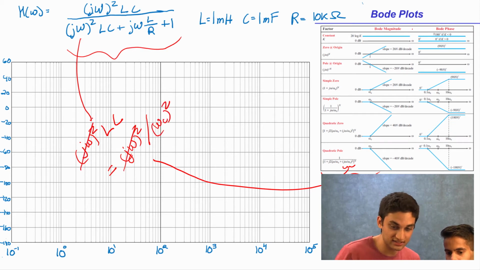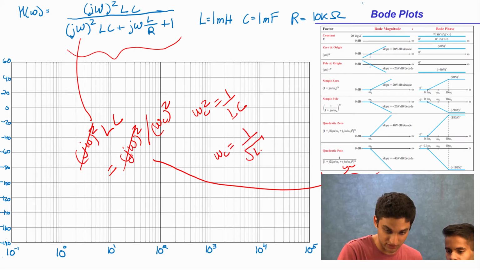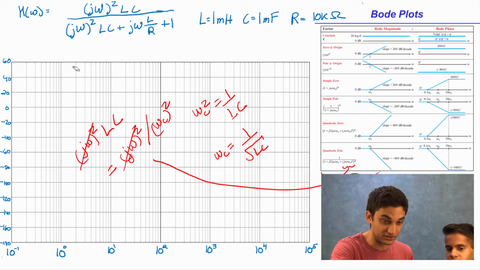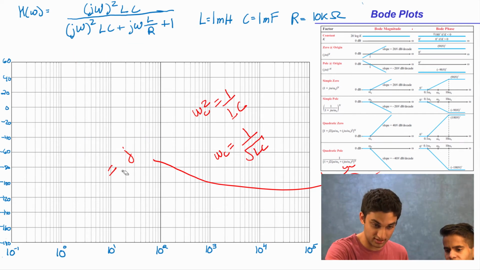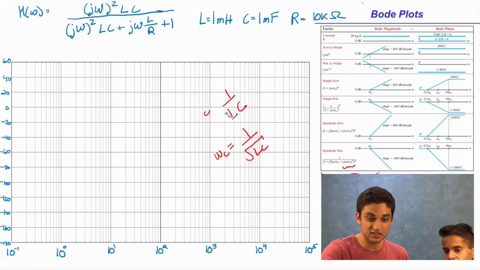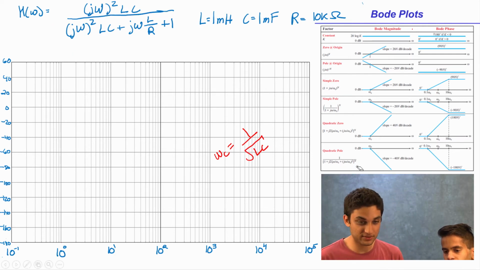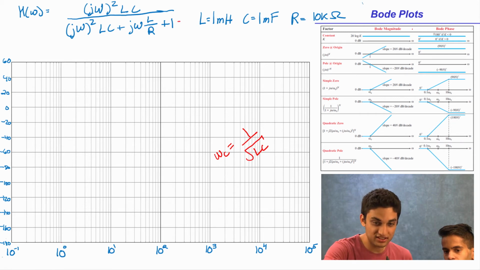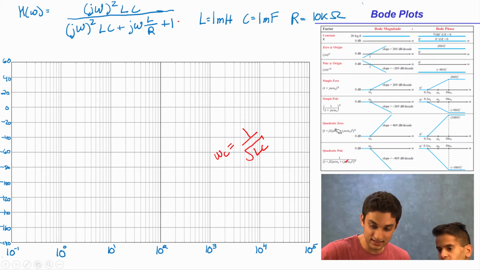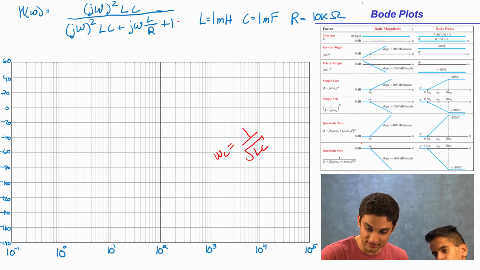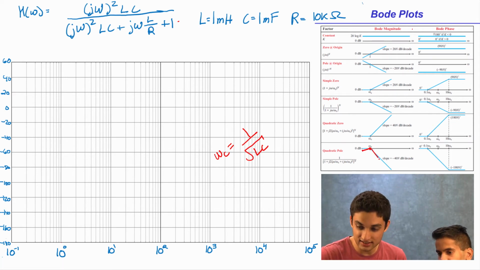So these two terms cancel, and we get omega c squared is equal to 1 over LC, which tells us that omega c is equal to 1 over square root of LC. Just as a reminder, this cutoff frequency at omega c is only for this denominator term, as we're segmenting it. So, pattern matching this, we see that the magnitude plot goes at 0 dB until it hits omega c, and then it starts decreasing.